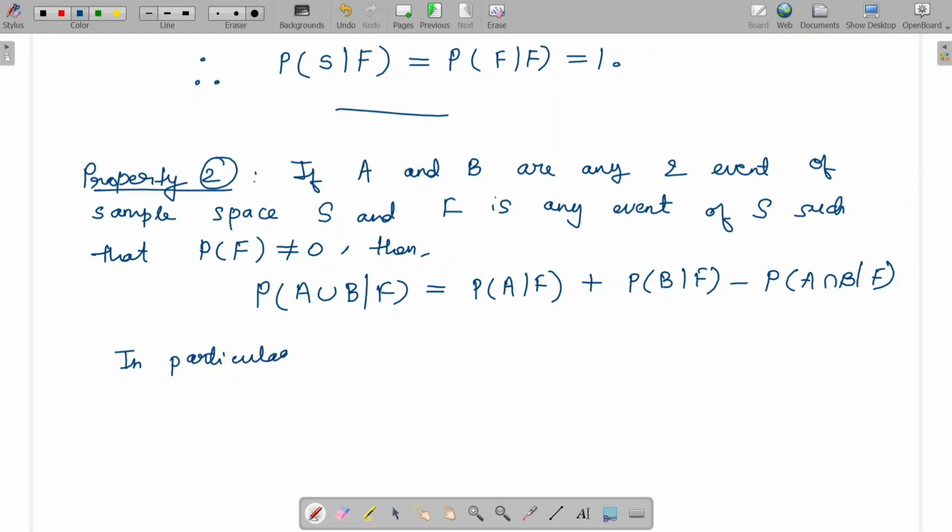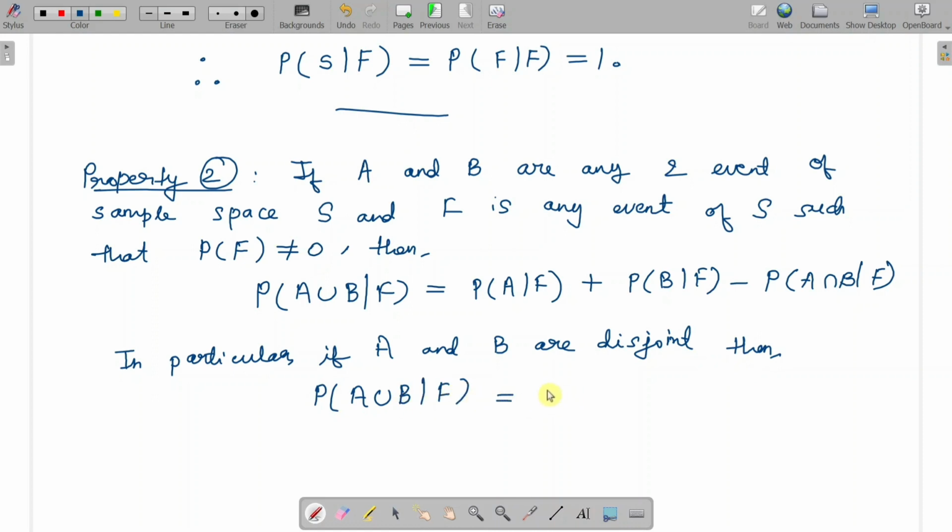In particular, if A and B are disjoint, then we get probability of A union B such that F occurs is equal to probability of A such that F occurs plus probability of B such that F occurs. Okay, this is property number 2.